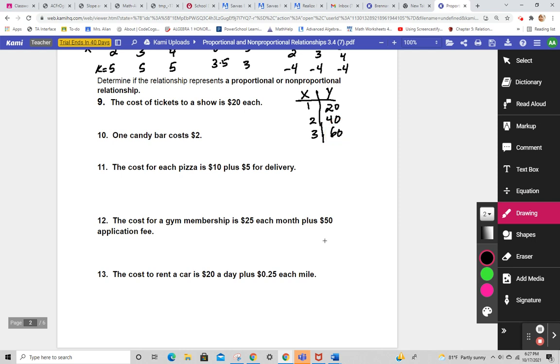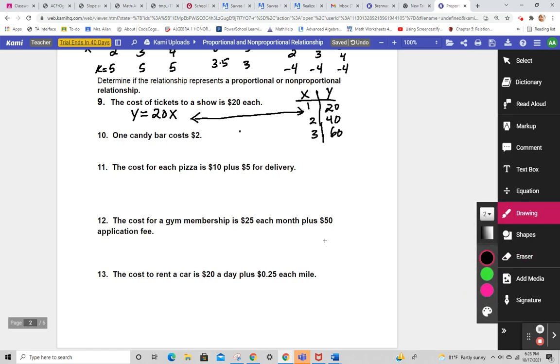So 20 divided by 1 is 20. 40 divided by 2 is 20, and 60 divided by 3 is 20. So this is proportional of the form y equals 20x. Okay, so this table can be represented using this equation.